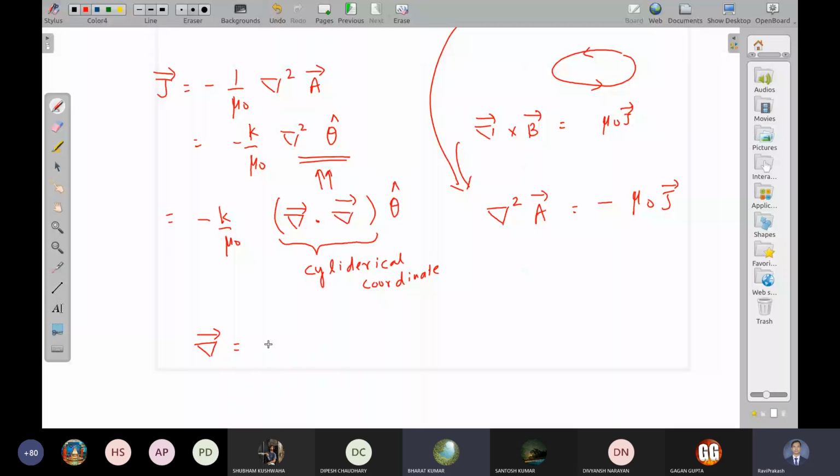Del by del r, r cap plus 1 by r del by del theta. Cylindrical. Yes. Directly we can use the Laplacian operator in cylindrical coordinates. Whether if you know what is Laplacian in cylindrical, directly use it, or you can derive it from here.